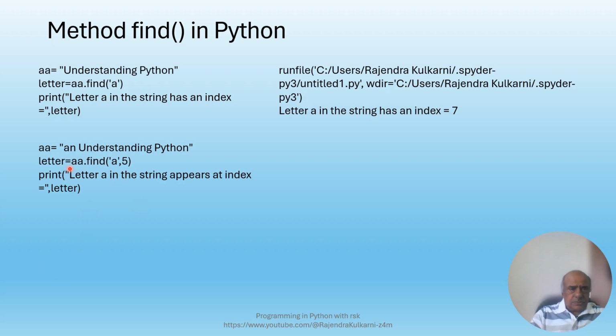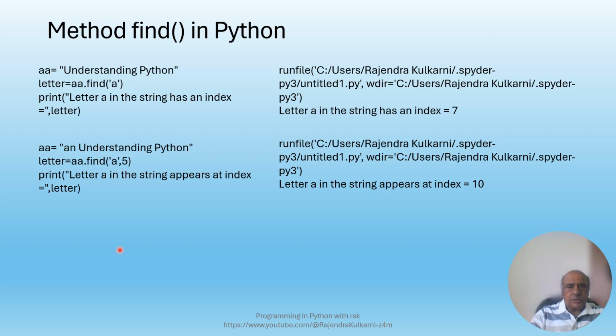Then later is a dot find a comma 5. What does it give? It starts looking for the given string here, which is a.